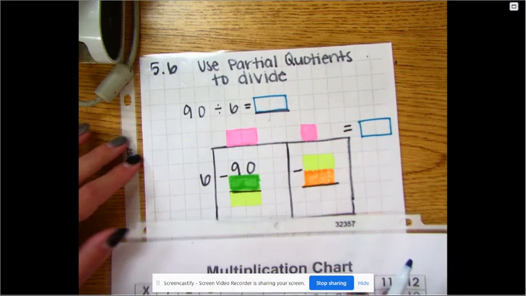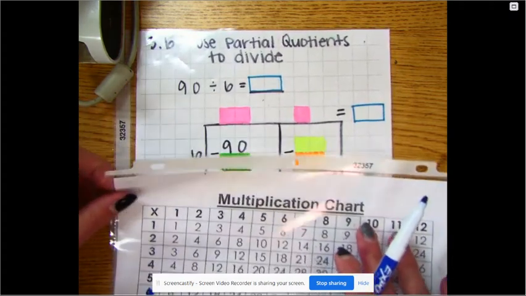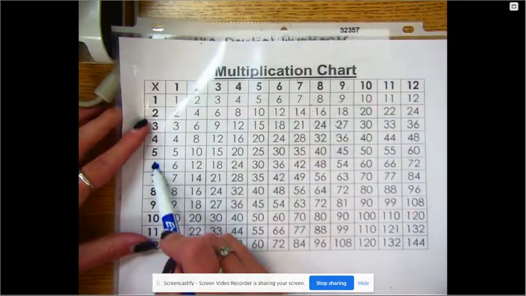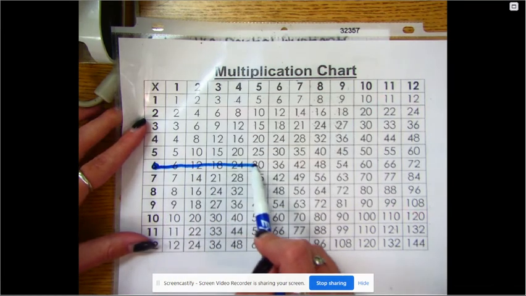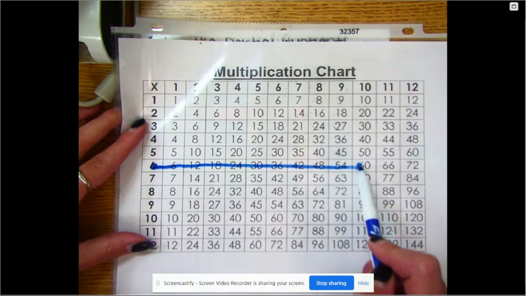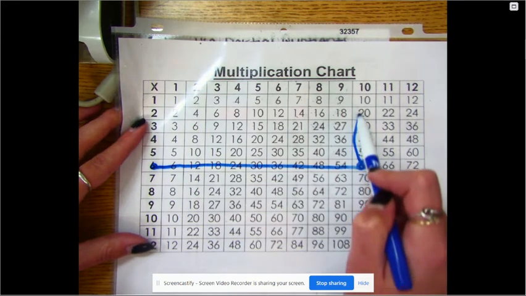So I'm going to get 6 as close to 90 as I can, but I want whatever is going to be down here to be 0. Ooh, the only one that I can see that has a 0 in it right now on my chart is 60. How did I get there?